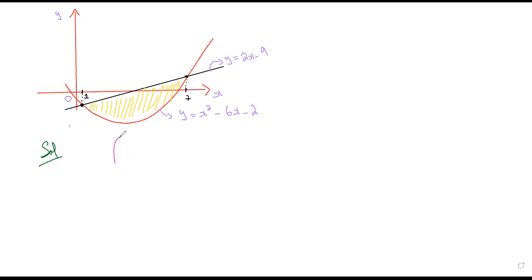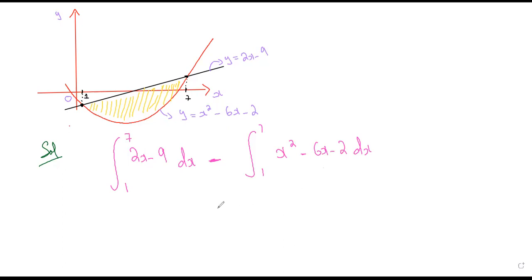You will integrate the line, that is the curve above, 2x minus 9 from 1 to 7 with respect to x, and then you will subtract it from this integral.